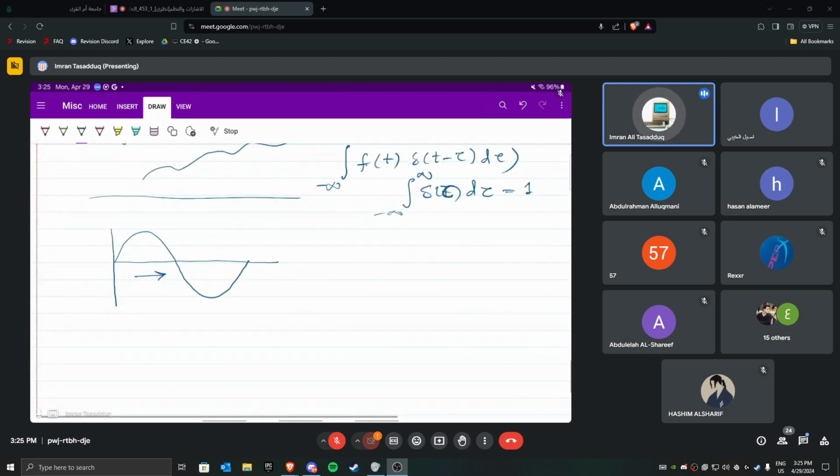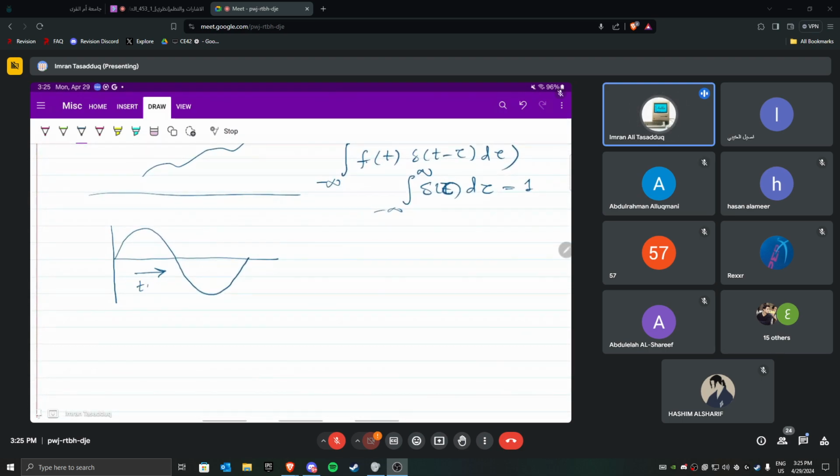So on the x-axis we have time, and on the y-axis I have the amplitude of the signal. Right? So this is called a time domain plot.